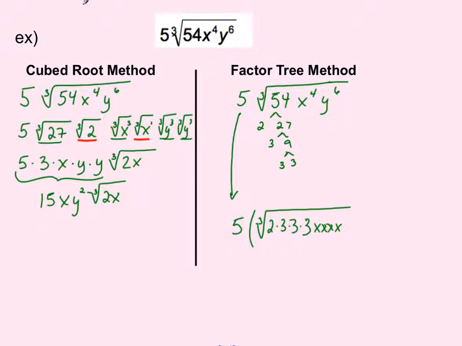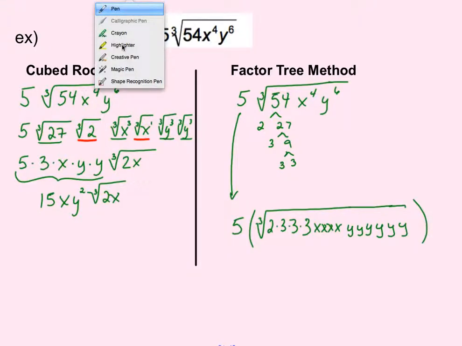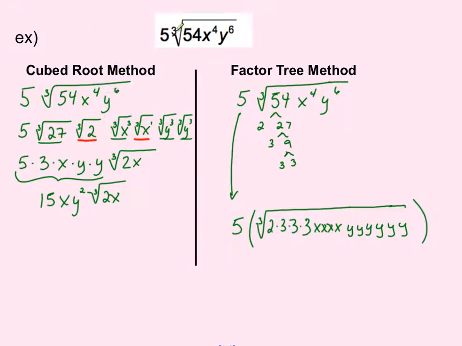There we go, come back. Okay, y to the 6 is y, y, y, y, y, y. There we go. Now I can think about my groups. I want index of 3, right? So group size 3. There's one group of 3's, one group of x's, 2 groups of y's.